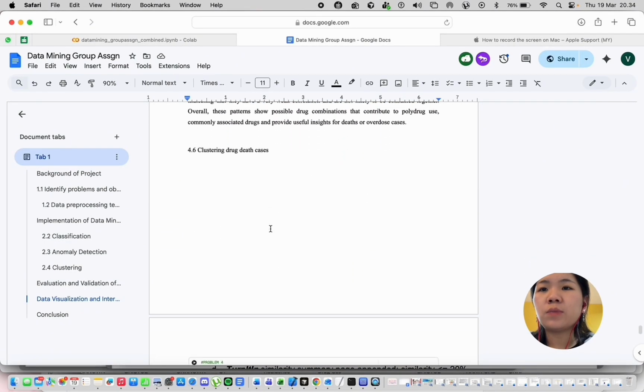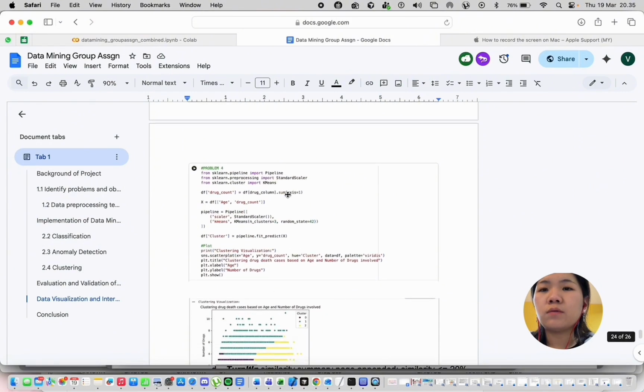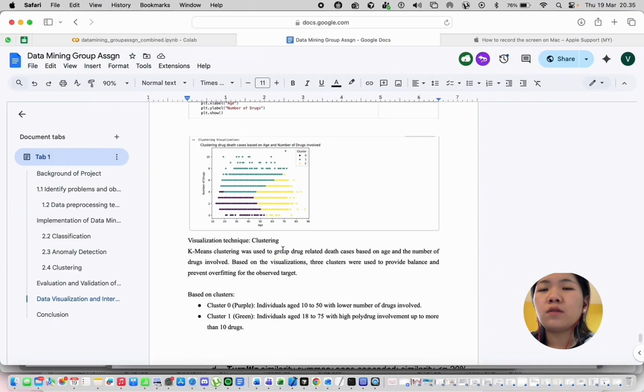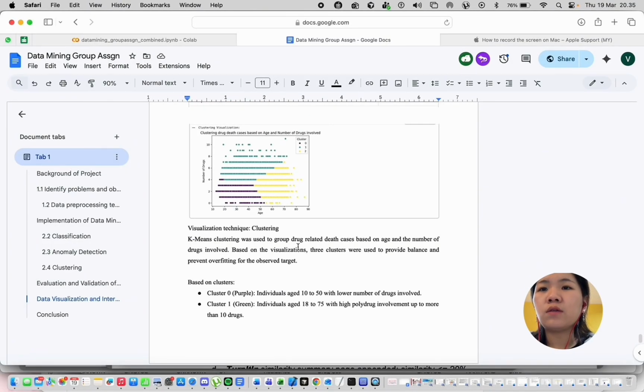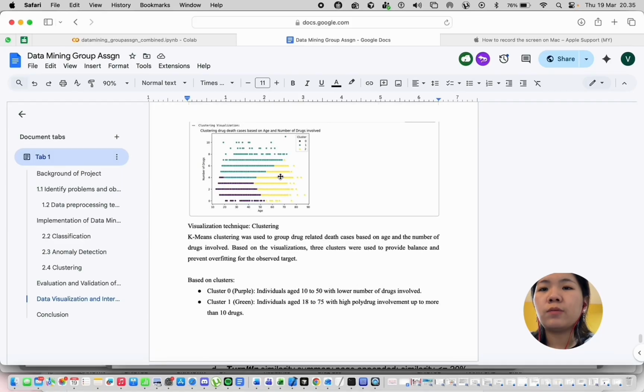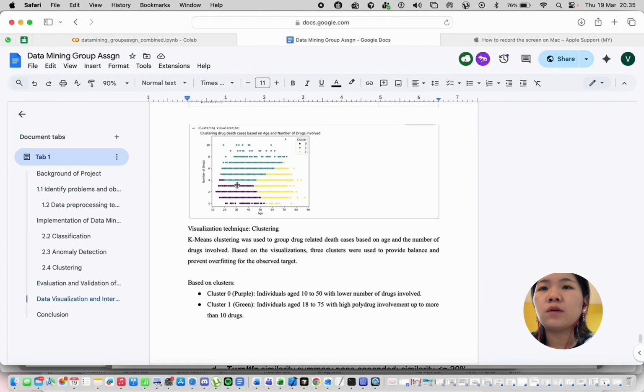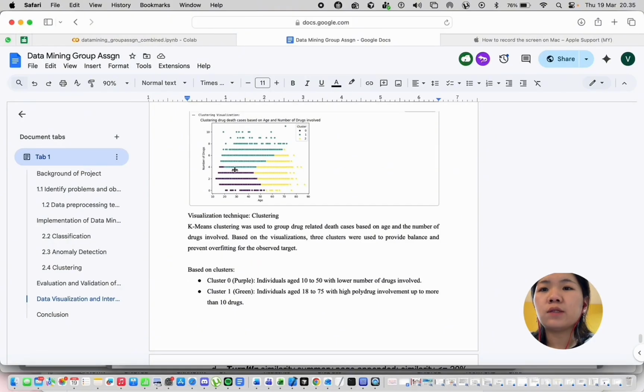So the purple cluster is mainly for individuals aged 10 until 50 but with a lower number of drugs involved. The green one is middle age from 18 to 75 years old with high drug involvement cases.